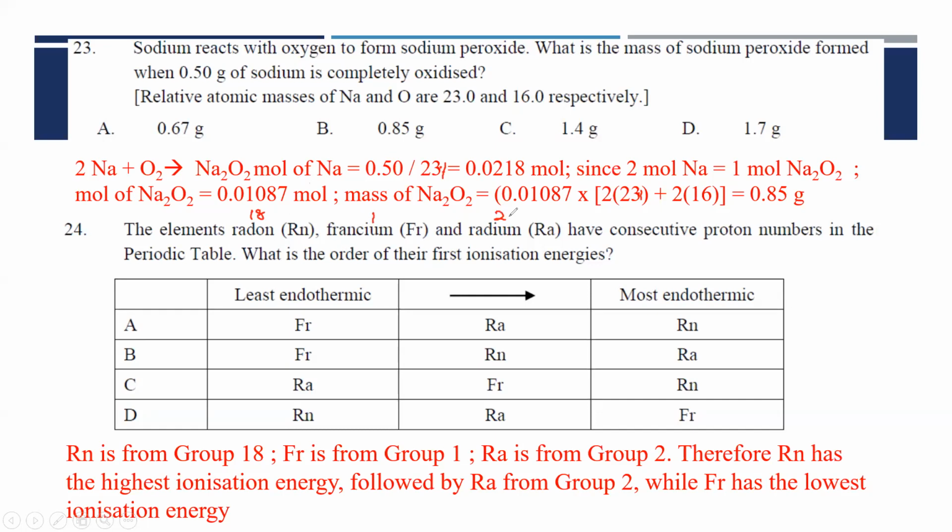So the expected order of increasing ionization energy is group 1, then group 2, then group 18. So your answer should be francium, radium, then radon. So the answer here is A. That is how you should answer question number 24.